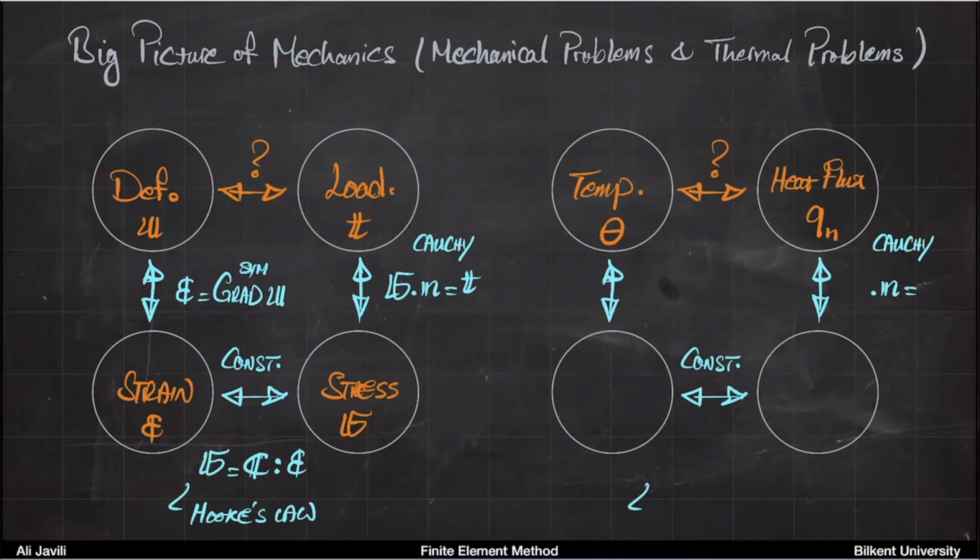Remember, strain is basically deformation gradient, it's displacement gradient, right? So you can define this thing as temperature gradient. And this is exactly what it is. So it's the gradient of the temperature, and you can call it maybe letter G.